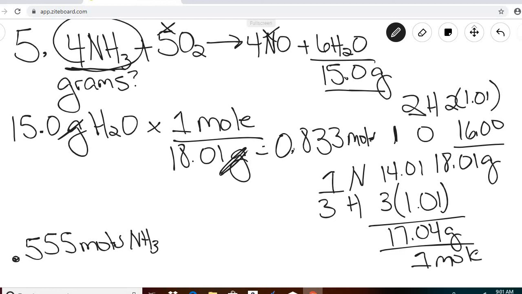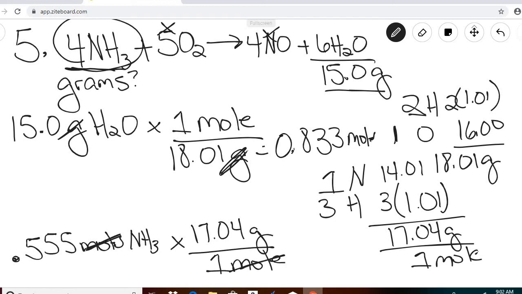We're going from moles to grams, so grams is going to go on top, 17.04 grams in 1 mole. So moles cancel, and 0.555 times 17.04.